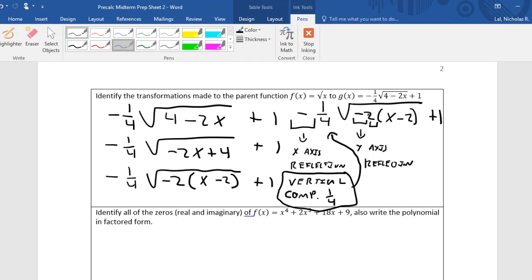Yes. So now for horizontal compressions, if your coefficient is inside the function, it does the opposite of what you do for outside the function. You have a horizontal compression by 1/2.